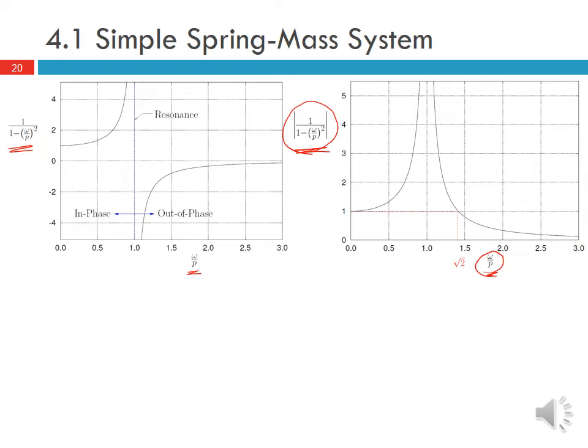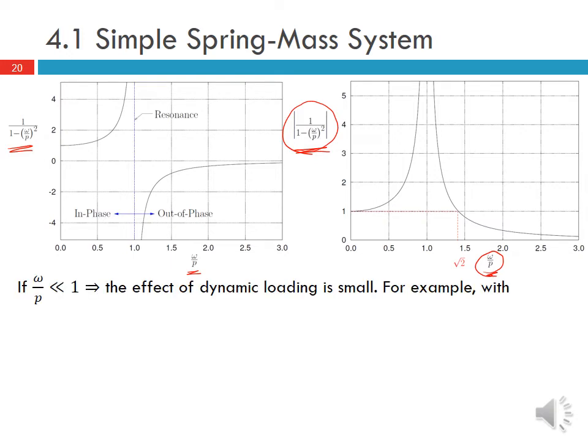There are a few important aspects to look at here. First, let's consider the case where omega over p is much less than 1. We're in this region in this figure, where omega over p is much less than 1. The effect of the dynamic loading is actually very small. You can see that the dynamic magnification factor goes to 1 here.